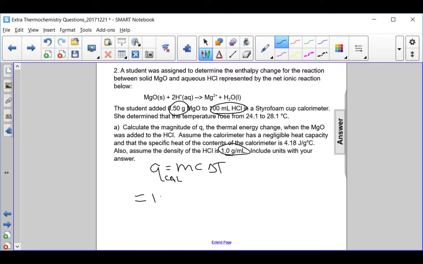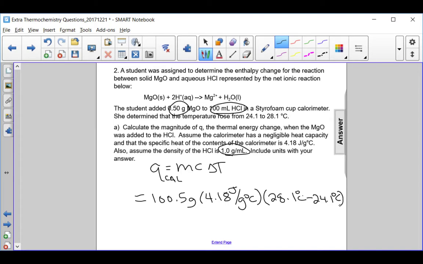So I have 100.5 grams. My specific heat is 4.18 joules per gram degrees C. And my delta T, final temperature, is 28.1 minus initial temperature 24.1.